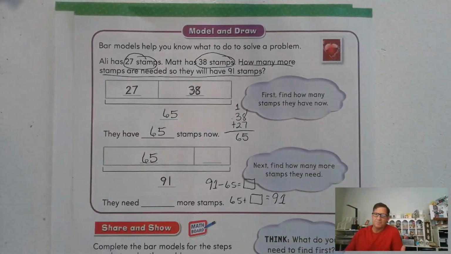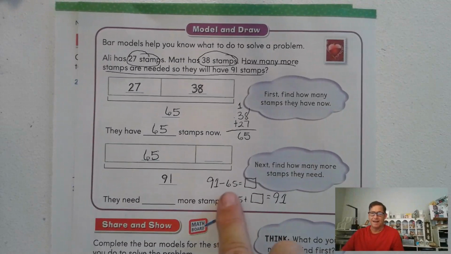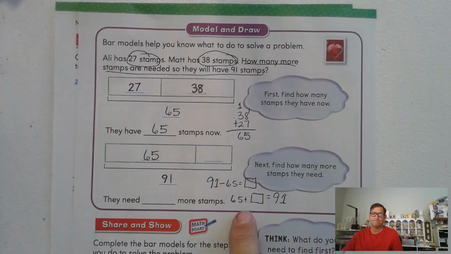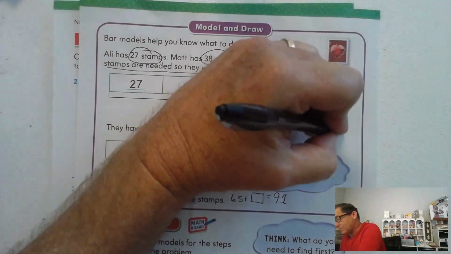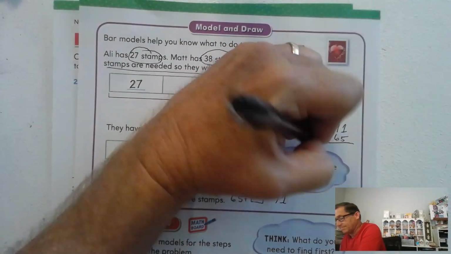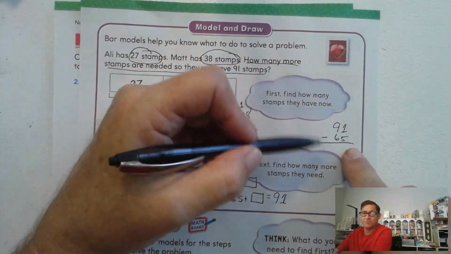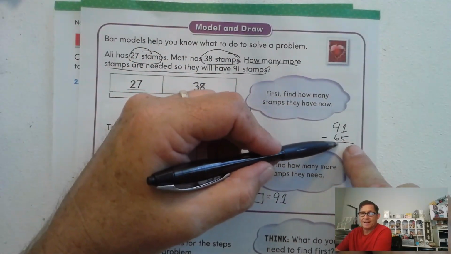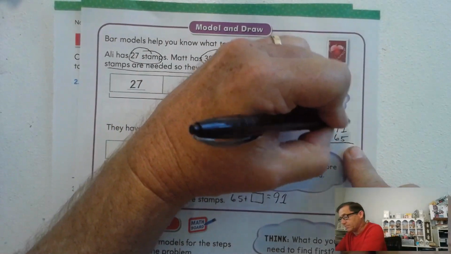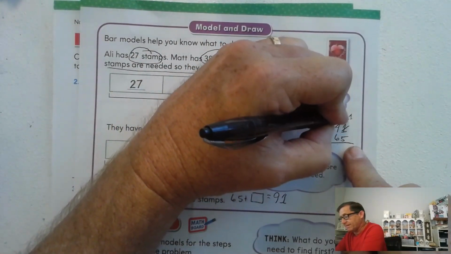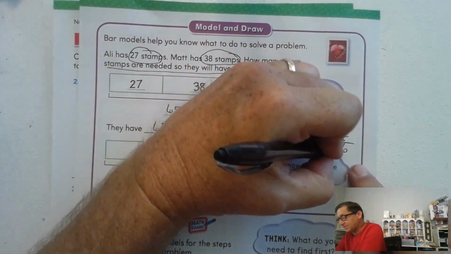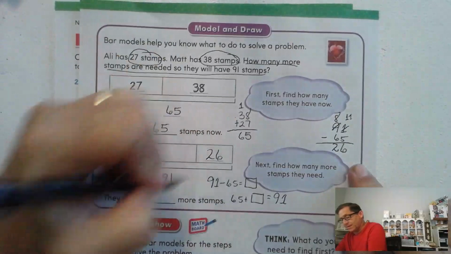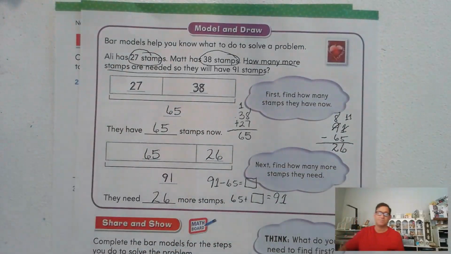But either way, I'm subtracting to find the answer. 91 minus 65. Okay, I'm just going to use the traditional regrouping method. I have 1 and I have to take away 5 ones. I can't do that, so let's regroup. All right, now we have 11 minus 5. That gives me 6 ones. 8 tens take away 6 tens, 2 tens. So they need 26 more stamps.